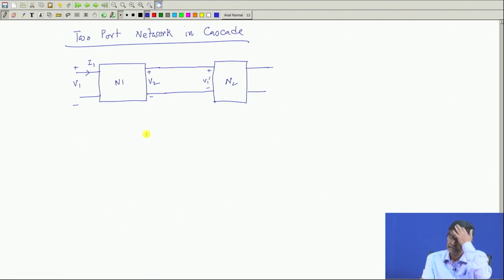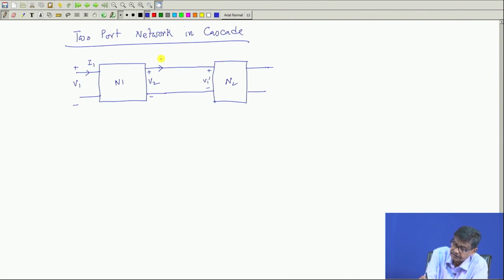If these two networks are connected in cascade, representing each one of these two-port networks in terms of its ABCD parameters is beneficial. Then the product of these two matrices will give you the overall two-port network. For example, let us try to do that.